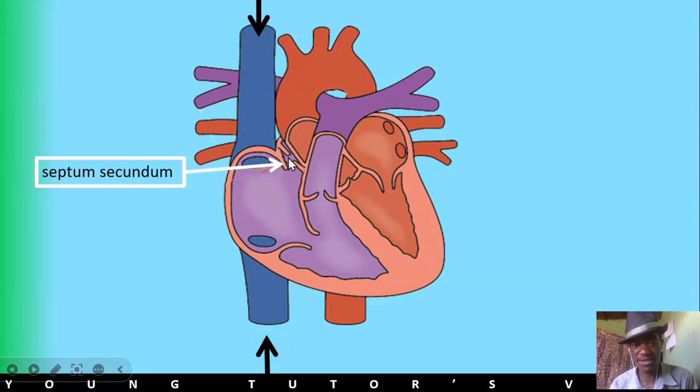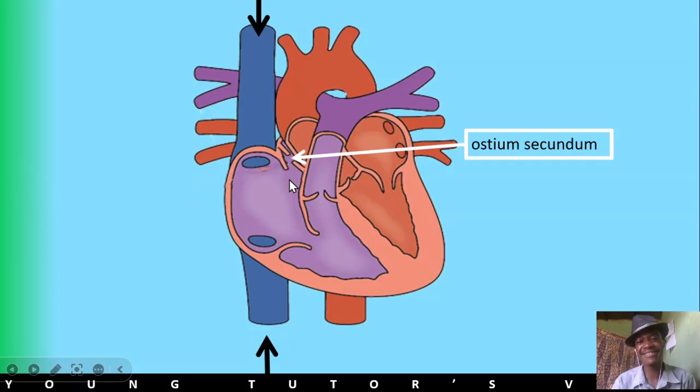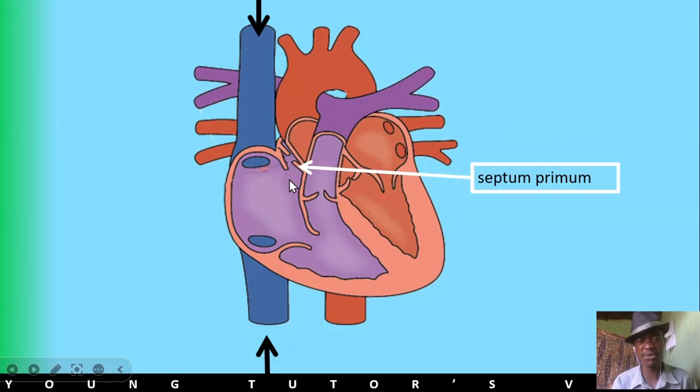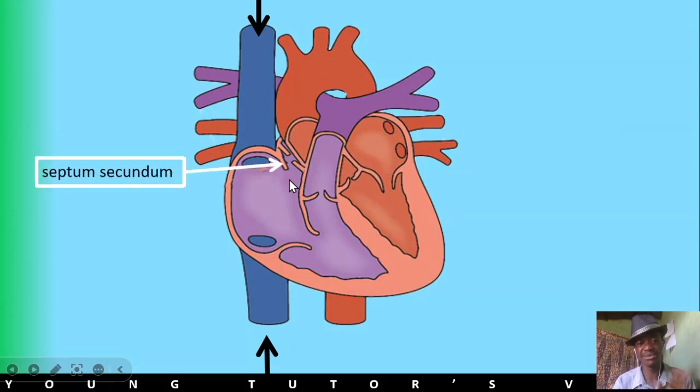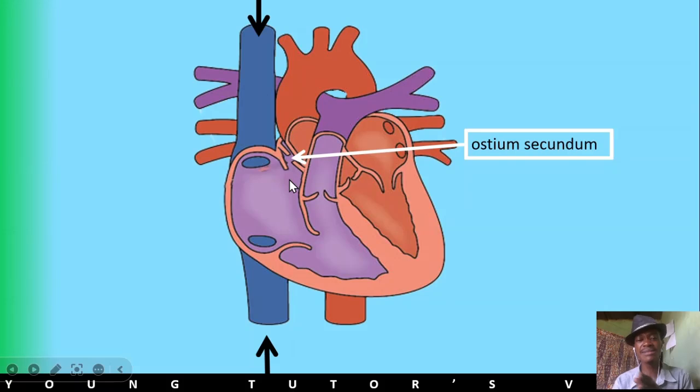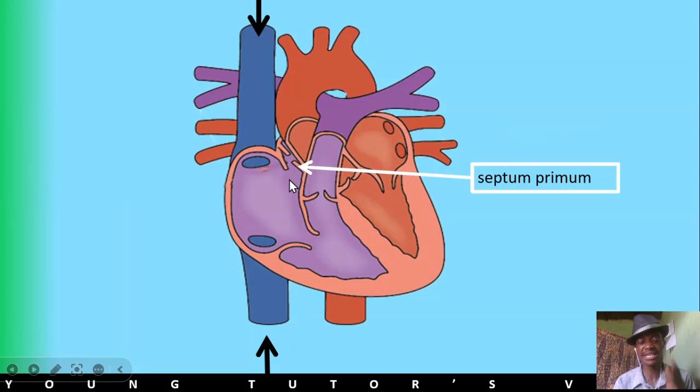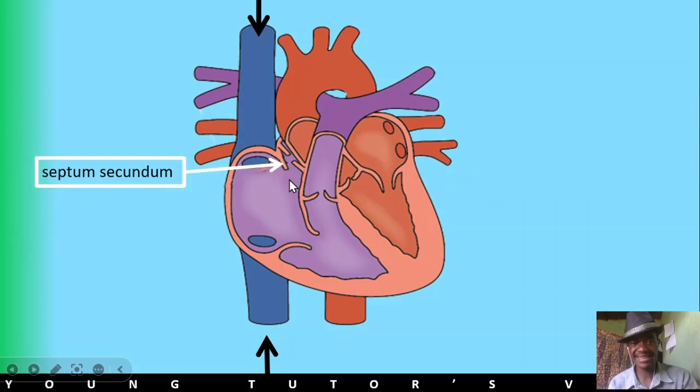An important MCQ question here, listen carefully, is where the ostium secundum is. As you can see, it is on the septum primum, not on the septum secundum. So the ostium secundum is an opening in the septum primum.